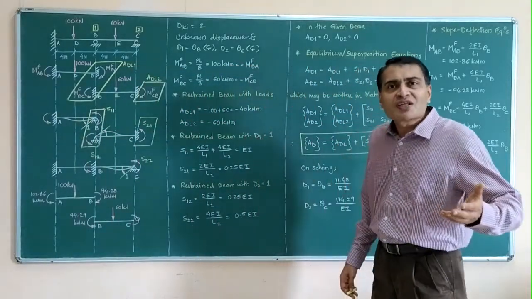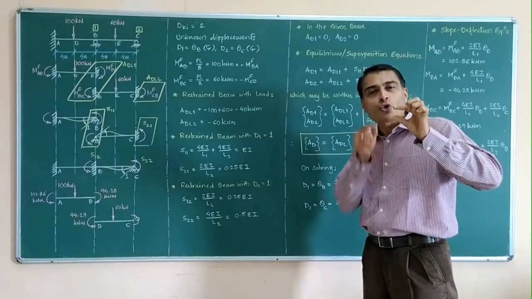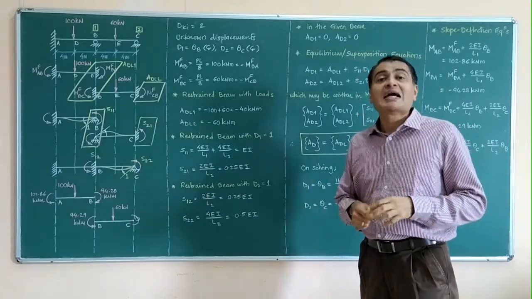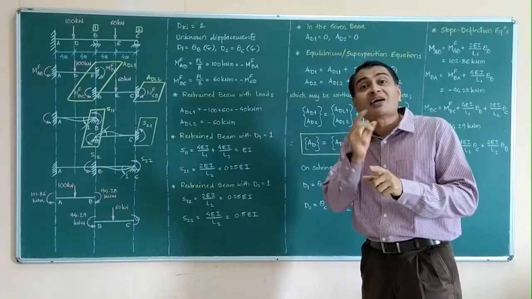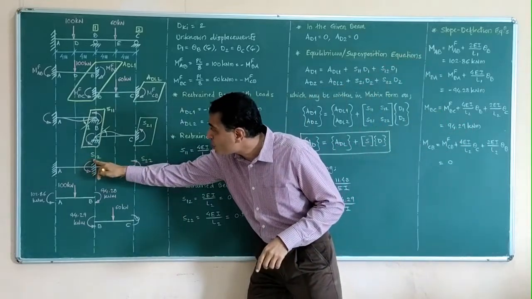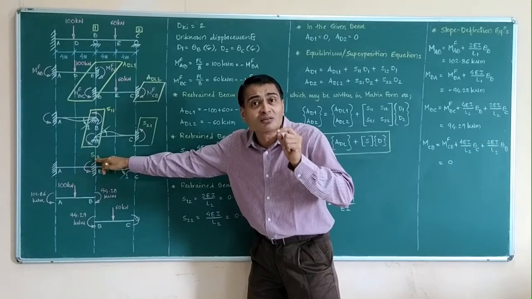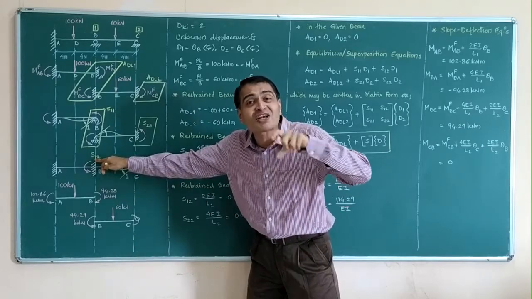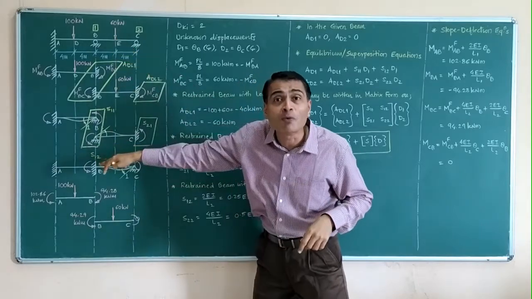As we discussed in the introduction, in Sij, i represents the location of that stiffness and j represents the location of the cause. Where are you giving unit rotation? This is S12. The first numeric 1 represents the stiffness at which node we are talking about, so it is node 1, at B point.